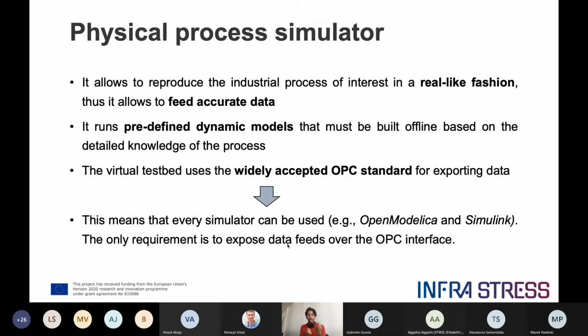You can change the simulator, for example OpenModelica or Simulink, and then just expose the data feeds over an OPC interface, and everything will be the same for the rest of the virtual testbed. In this way, we have higher flexibility in our solution.